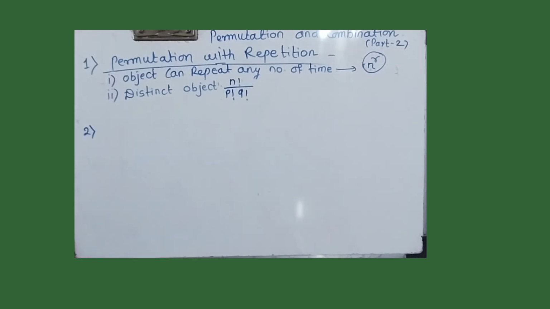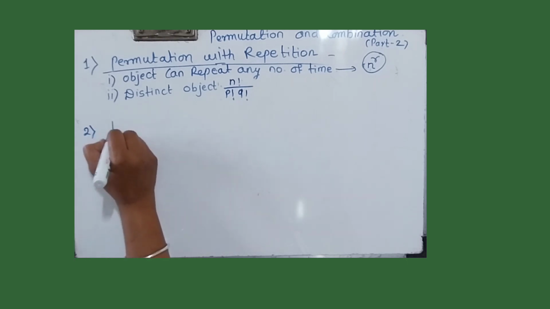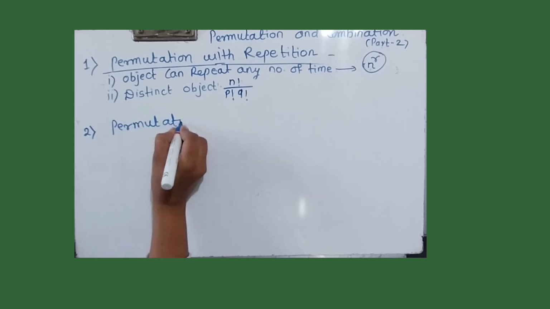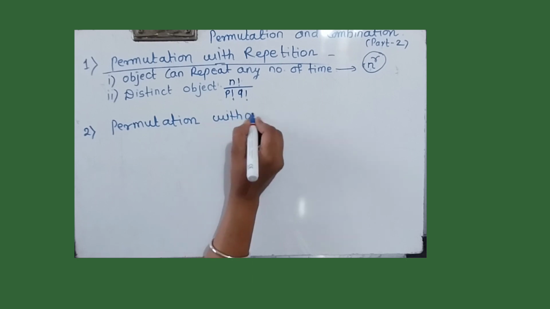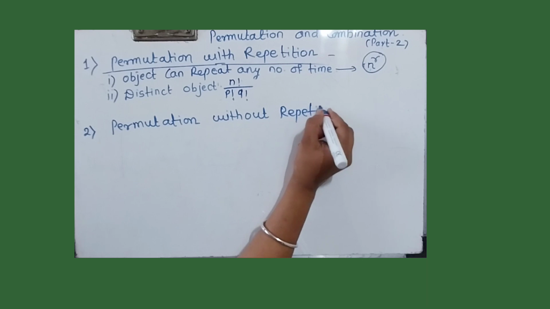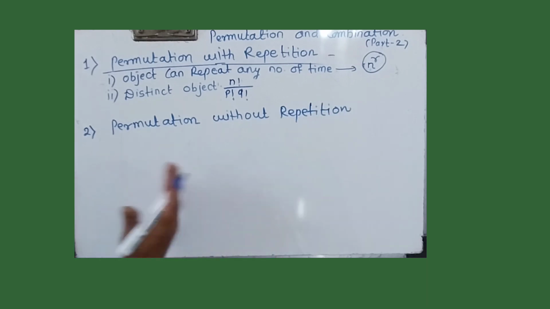Now, the second type. What is the second type? As a regular type, it is permutation without repetition. And here we use the permutation formula. It means what?